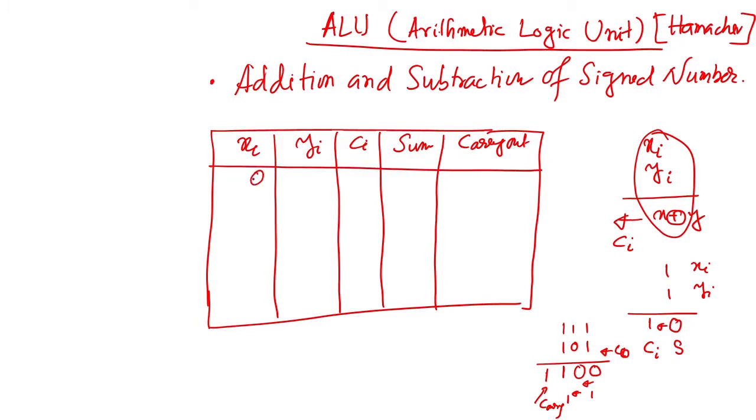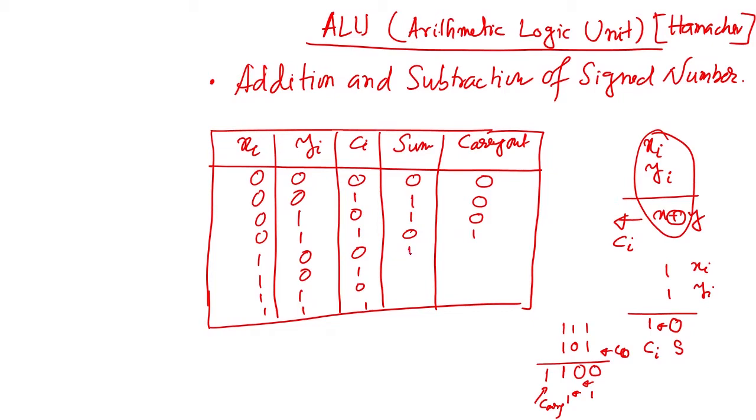So, we will have the combinations 0 0 0, 0 0 1, 0 1 0, 0 1 1, 1 0 0, 1 0 1, 1 1 0, 1 1 1, and then the sum and carry columns. For 0 0 0 the sum will be 0 and carry 0, then 1, 0, 1, 0, and for 1 1 0 the carry will be 1, and so on. Okay, that too we know.